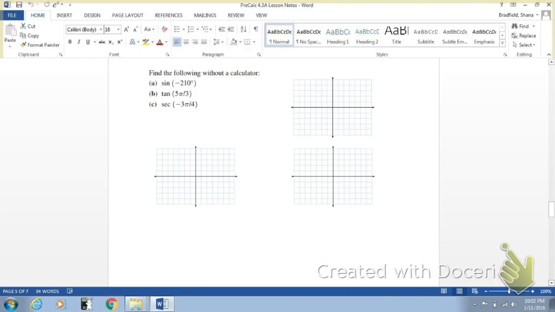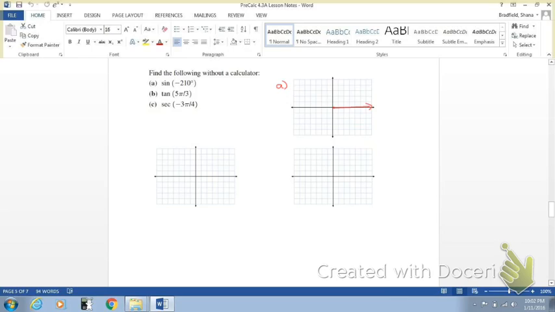Okay, for A, B, and C here, it says find the following without using a calculator. What we want to do is graph it, then determine its reference angle, and then figure out what we're going to do from there. So this is going to be A. I'm going to graph negative 210 degrees in standard position. So vertex at 0, 0.